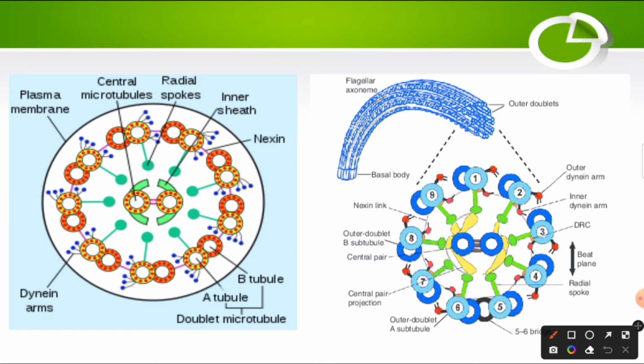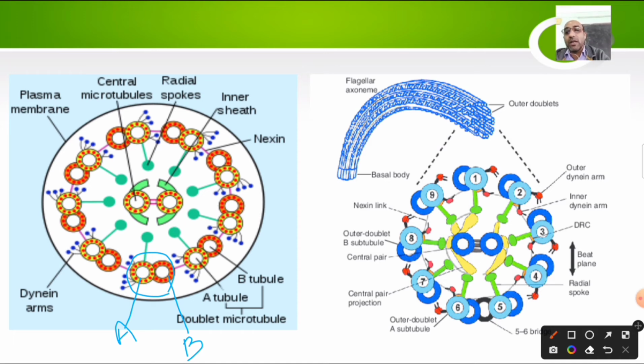Each doublet microtubule is made up of one A tubule made up of 13 protofilaments and one B tubule made up of 10 protofilaments.